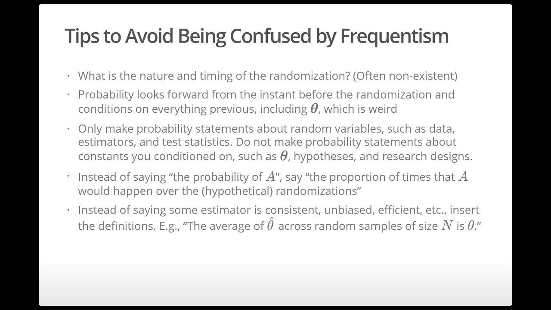That is just a long way of saying an estimator is unbiased, but it's more clear what you mean, and more clear that you are making a frequentist statement because you're referring to a function of data across all the different ways that you could have taken a random sample of size n from your population.